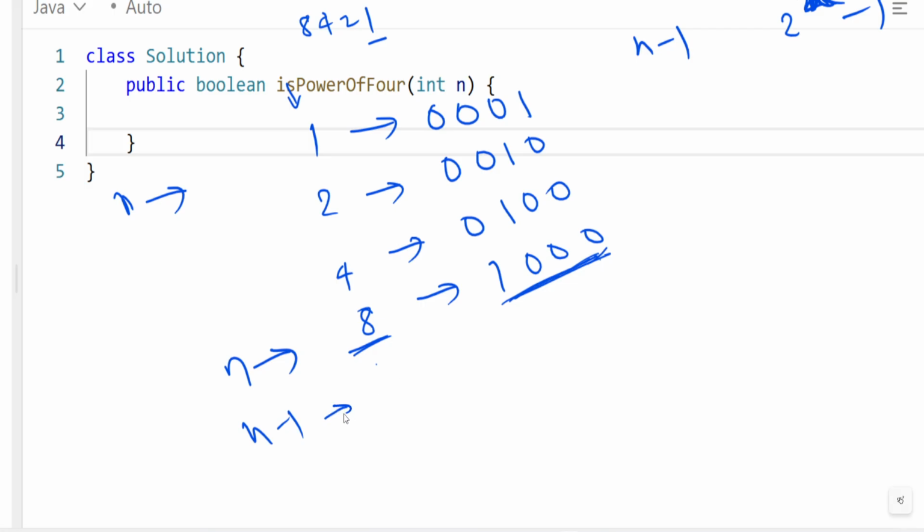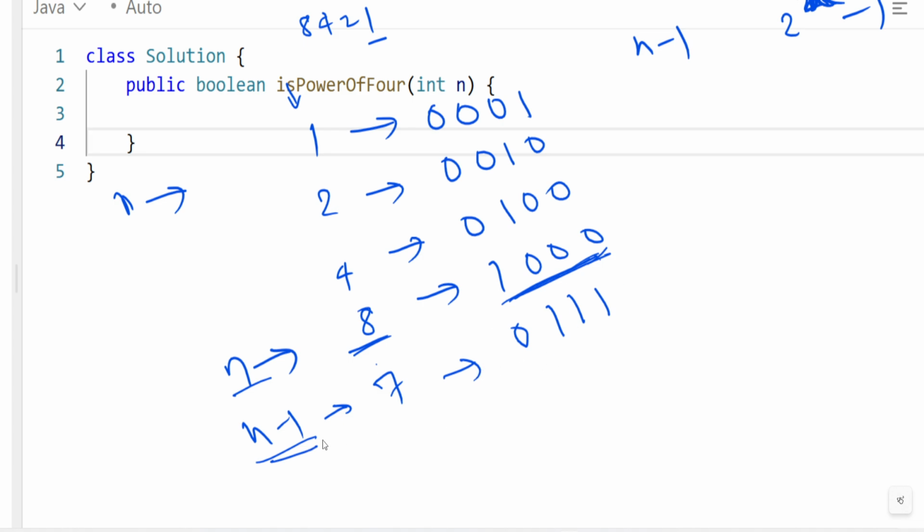It was 8, it will become 7, and to become 7, what do you need to do? That single bit that was 1 becomes 0, and all the other bits to the right of it become 1. Remember? Whenever you do n minus 1, understand?